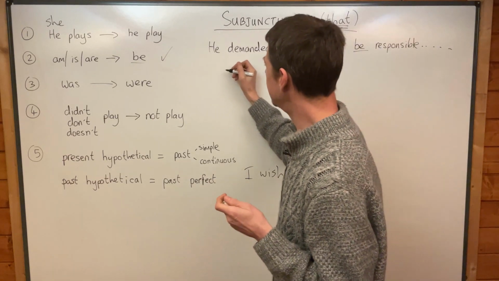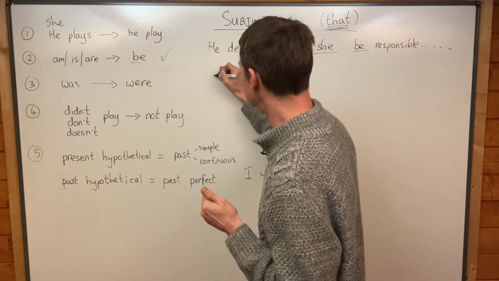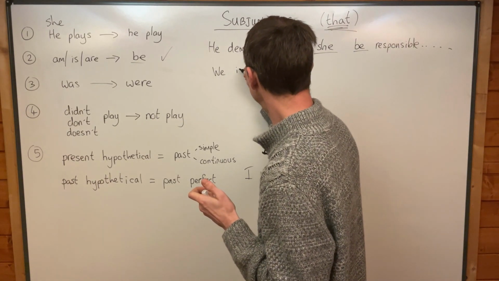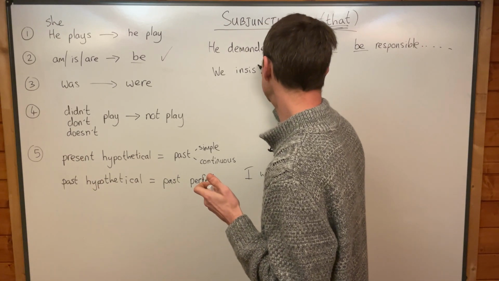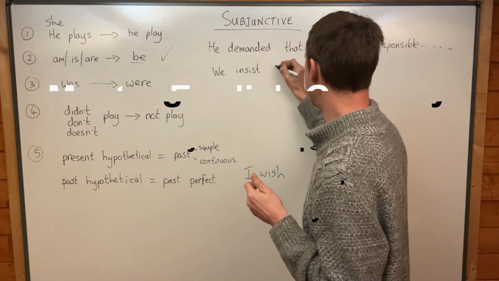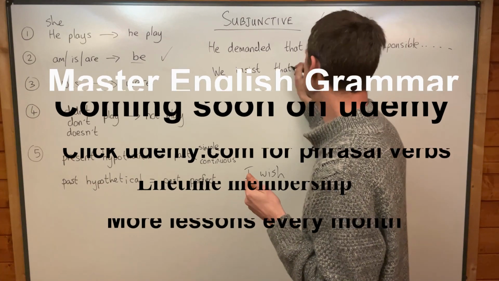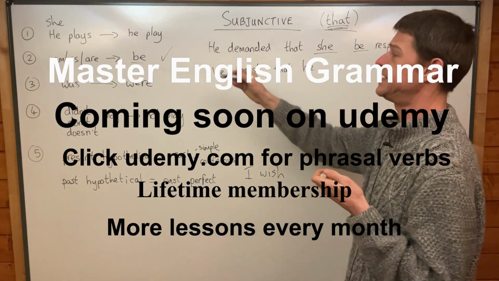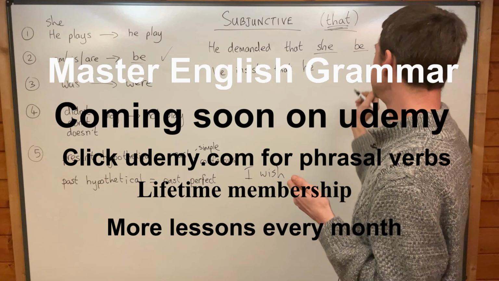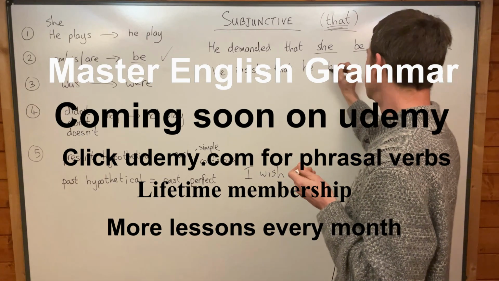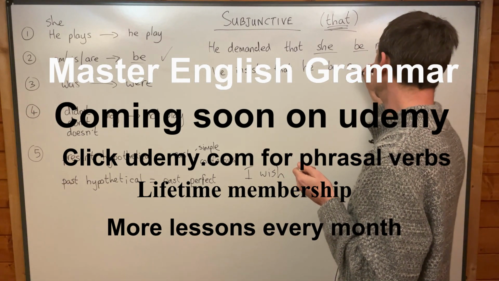But we could also say, we insist that, I'm going to use he or she again just because I need to, really. We insist that he be reprimanded for his behaviour. Yeah, there's another one with be.